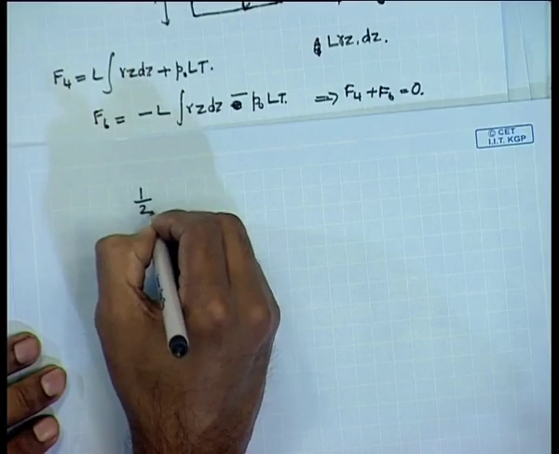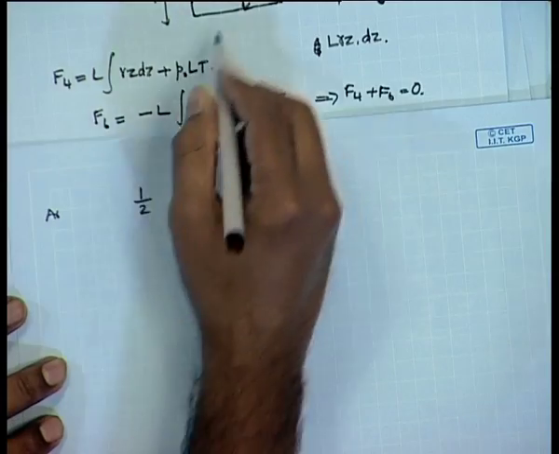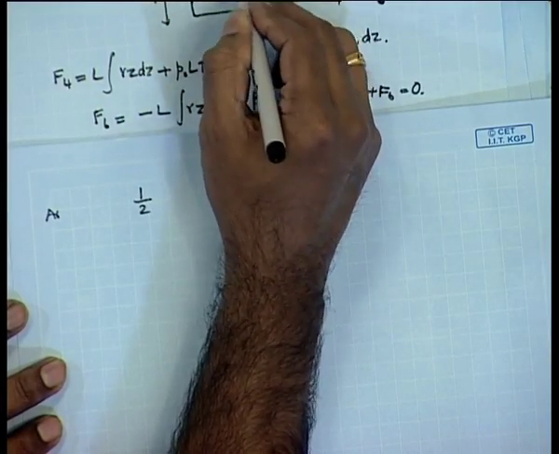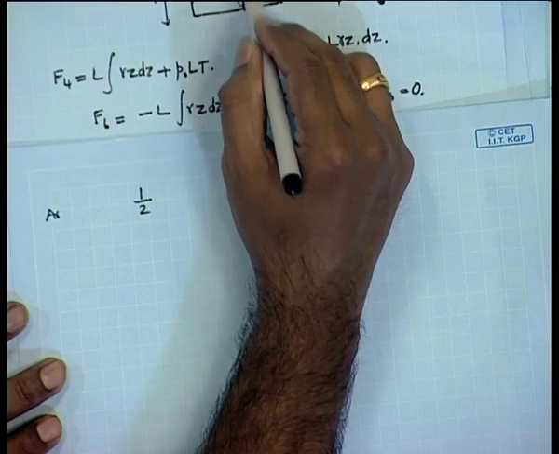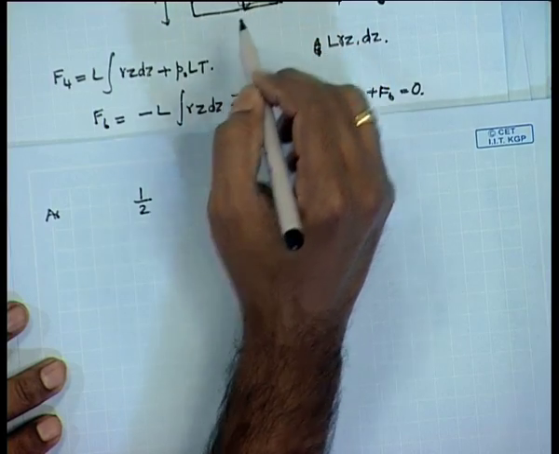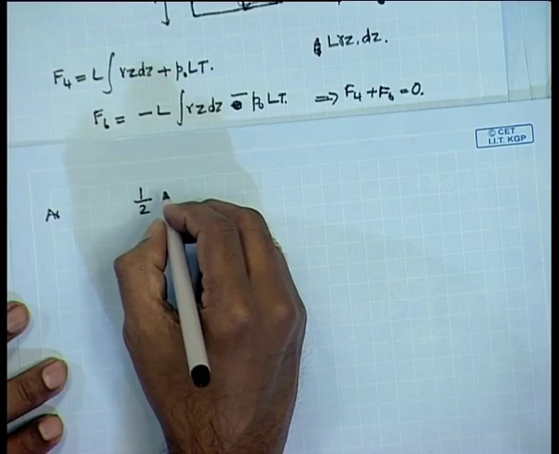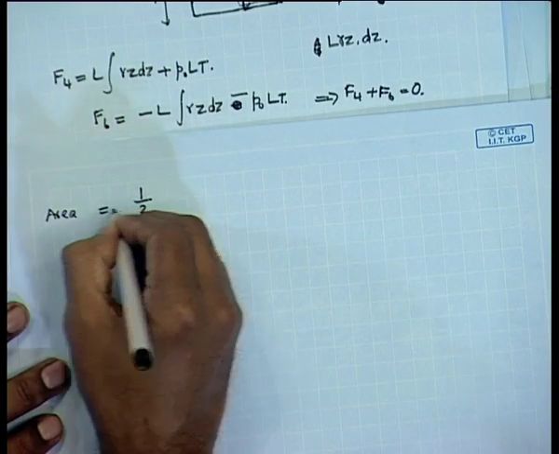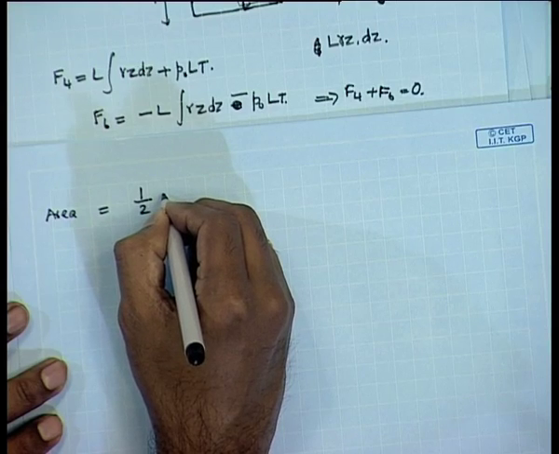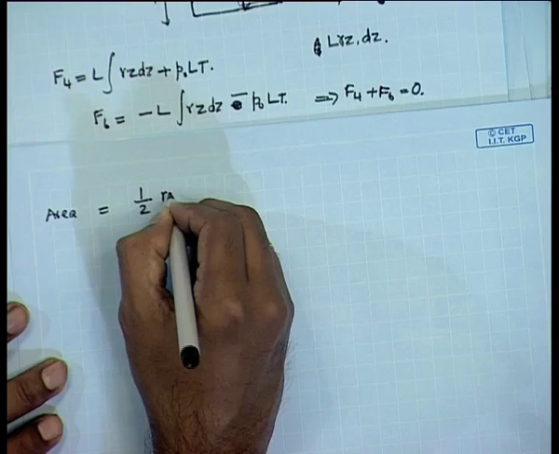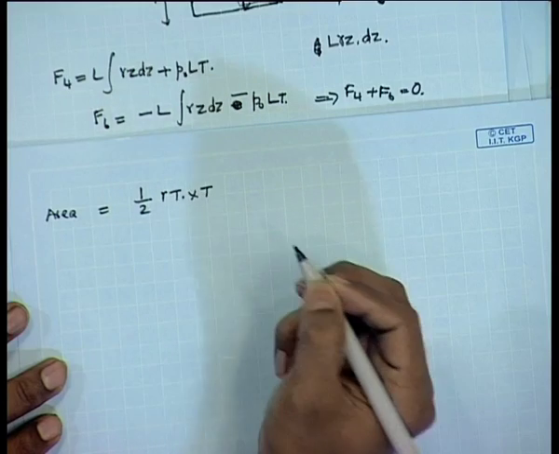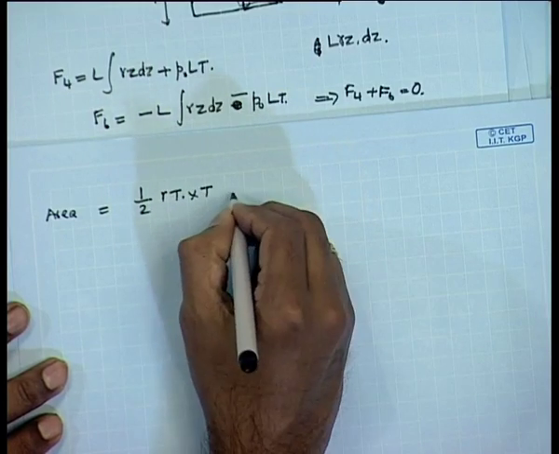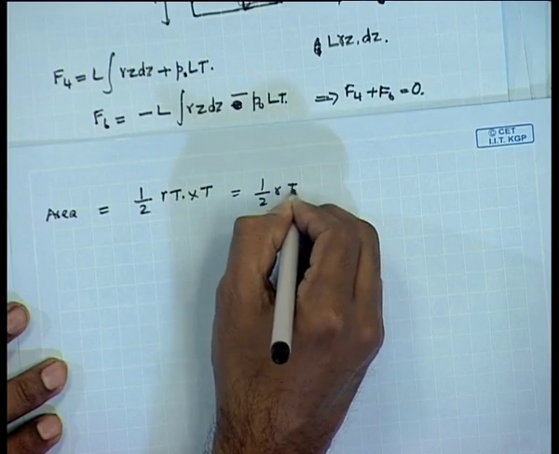So, if you take half base into altitude, the area under this curve, one side is pressure and one side is the length, if you put it on a pressure length curve, then the area under the curve will be half base. The pressure at the base is gamma t, the altitude is t. So, you will get half gamma t square.